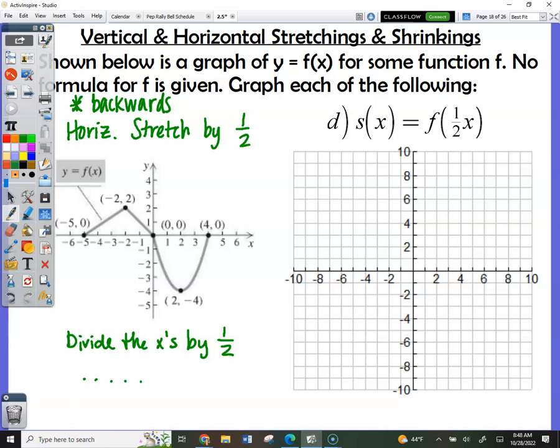You never divide fractions. It's okay to tell me that you're dividing by 1/2, but when you go to actually do it, you're going to want to just multiply by 2 because of keep, change, flip. You would keep the number as is, change it to multiplication, and flip the 1 over 2, and it would become 2 over 1. So I'm going to put dot, dot, dot, big arrow, which means multiply by 2.